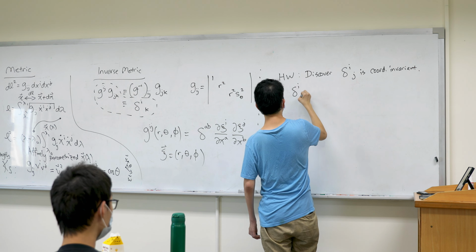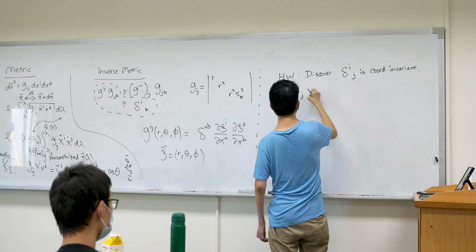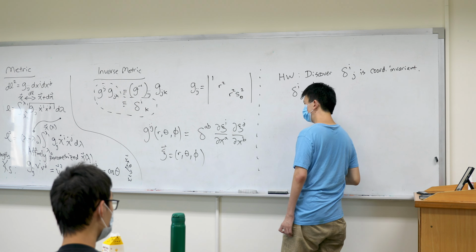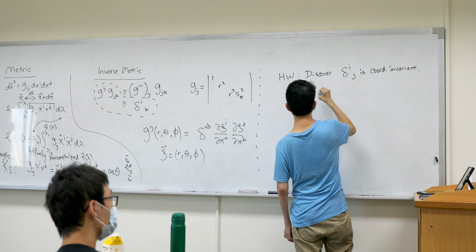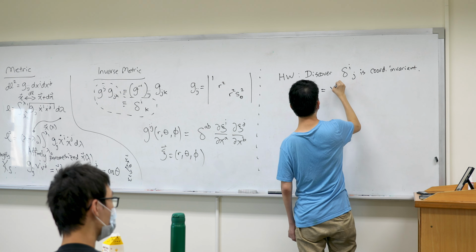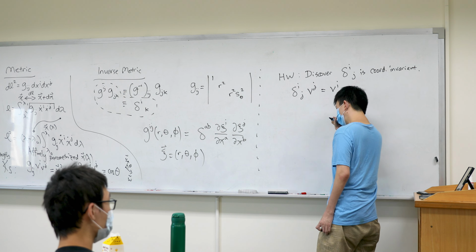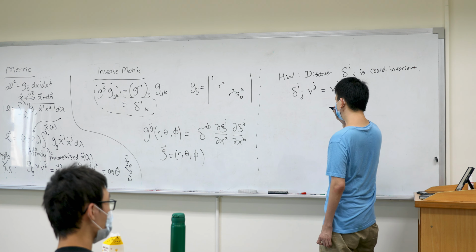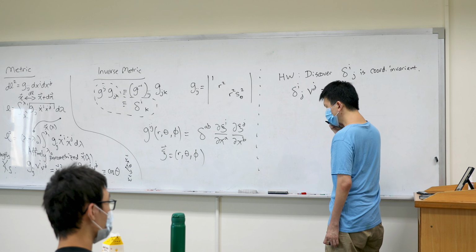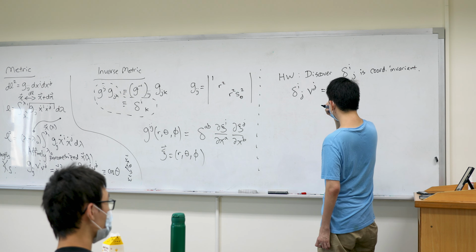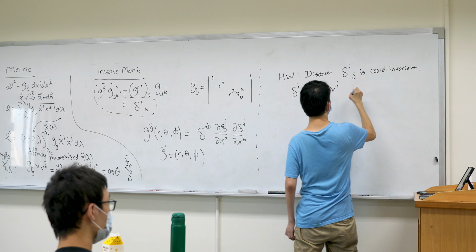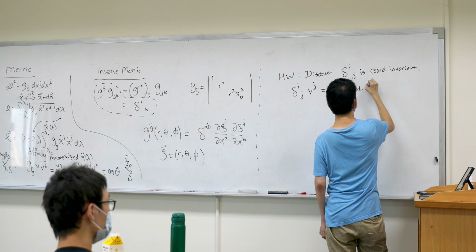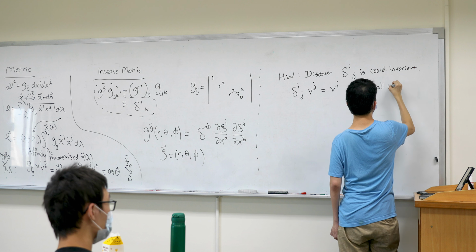Because if I contract this with any rank 1 tensor, I should say vector, it will give me back the same thing. And this is true in any coordinate system. So this is the identity in all coordinate systems.